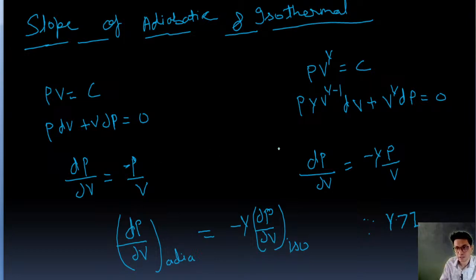Or we can write it as gamma into P upon V, because minus P upon V is dP upon dV.